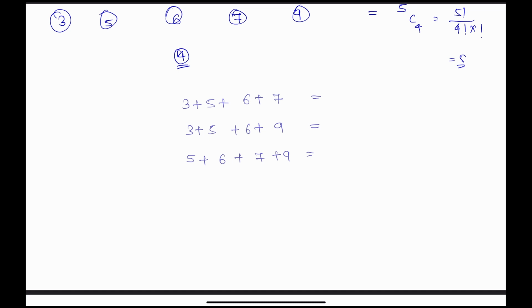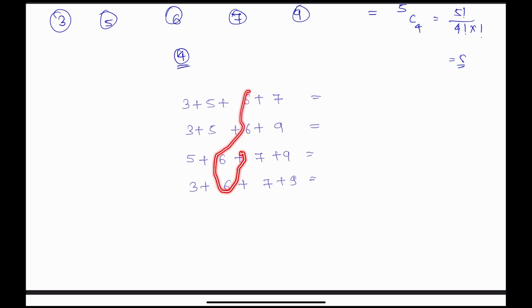Next group, let's take the one in which 5 is not there: 3 plus 6 plus 7 plus 9. If you see nicely, we have made 4 groups till now.